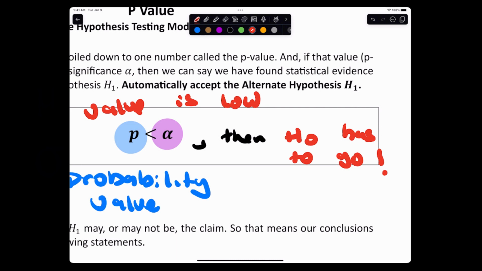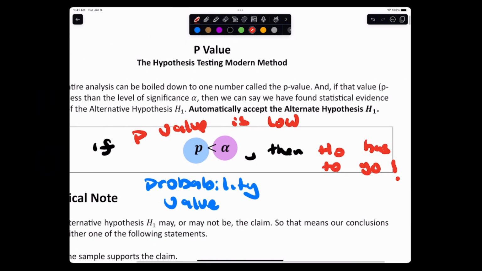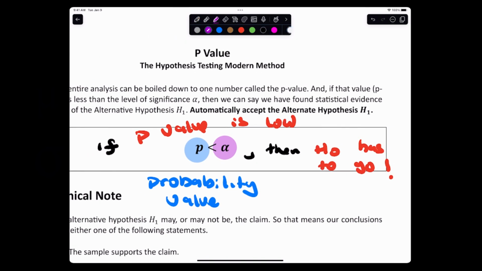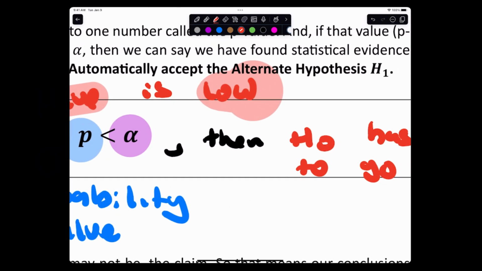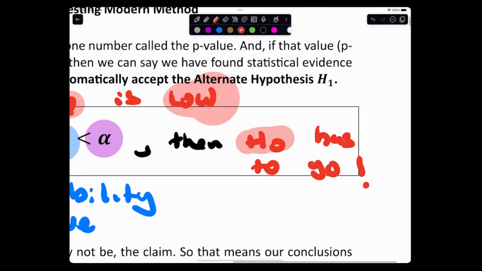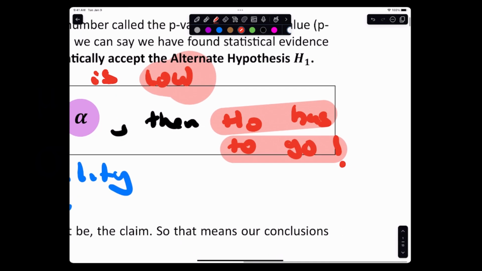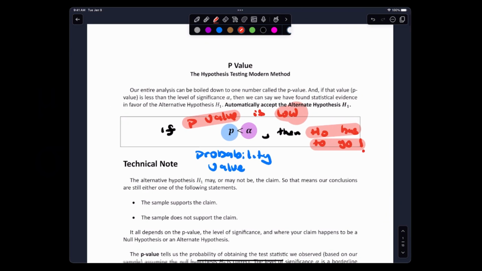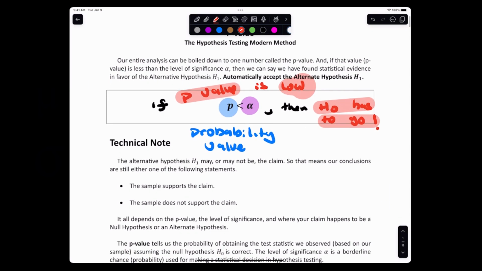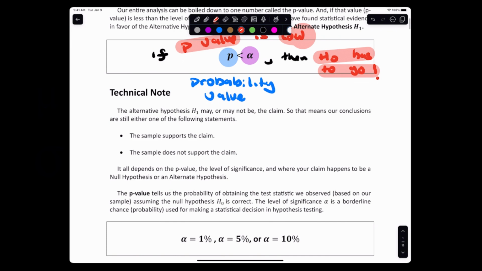Go. Okay, it's an if-then statement. If your p-value is low, how low? Smaller than the level of significance, then the null has to go. Okay, so this is going to be the modern method. This makes things a little bit more efficient, and we're going to actually go through what this means.